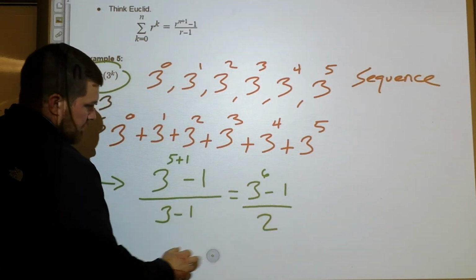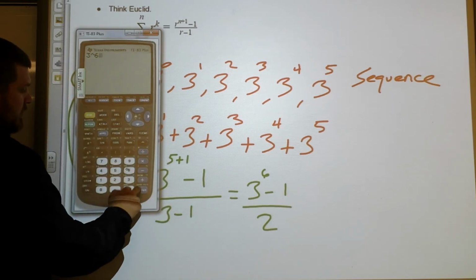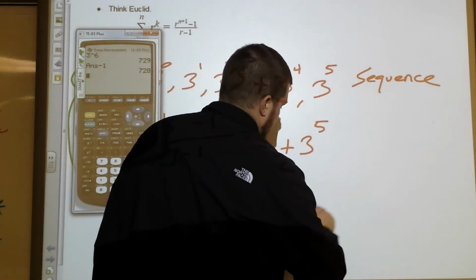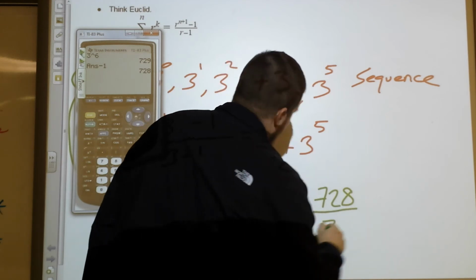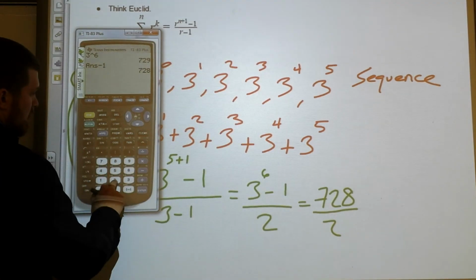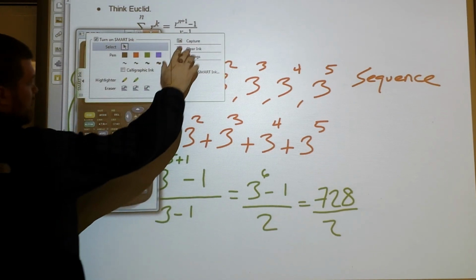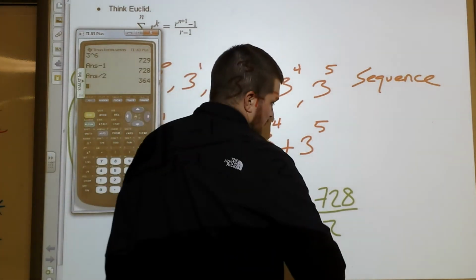So I have 3 to the 6 minus 1. So my top is 728. On bottom, I still have divide by 2. Okay, so now let's do that, divided by 2. So 364.